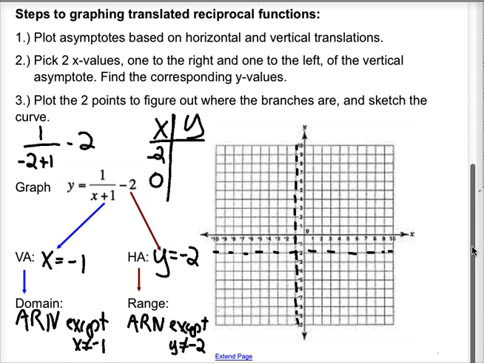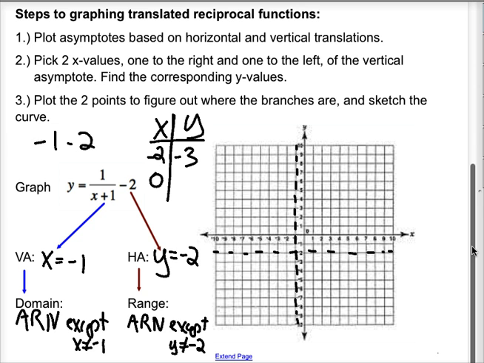So I'm plugging in that -2. Well, right here, -2 plus 1, that becomes a -1. 1 divided by -1, well, that's going to become a -1. -1 minus 2 is a -3.